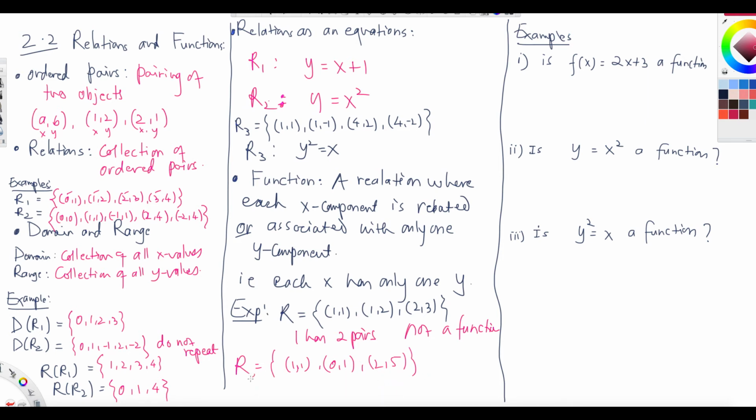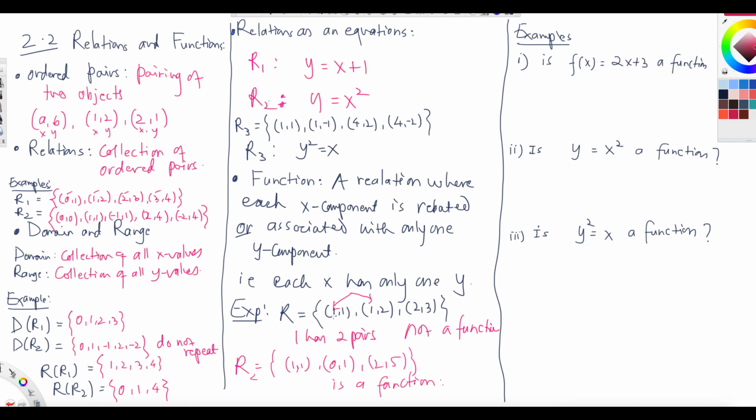Let's say R2 is a function. So this is how we know whether a relation is a function or not. Here the earlier R is a relation, but not a function, because one x has two pairs. The same x has two pairs.